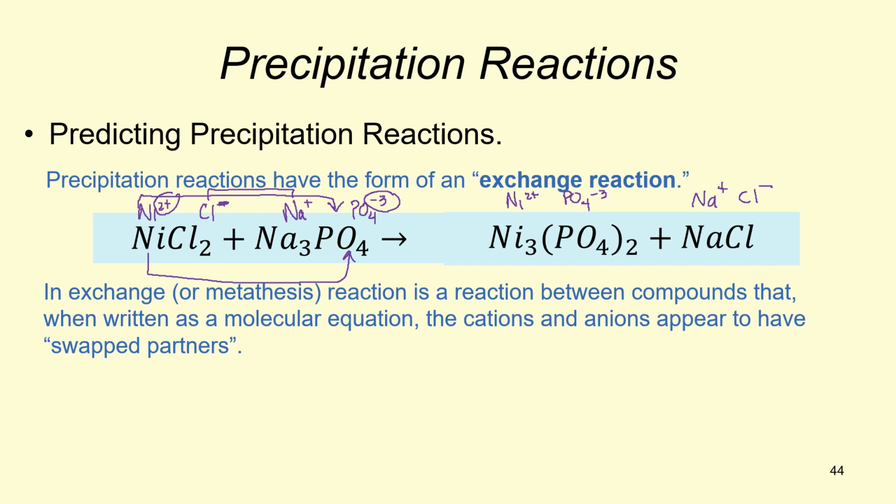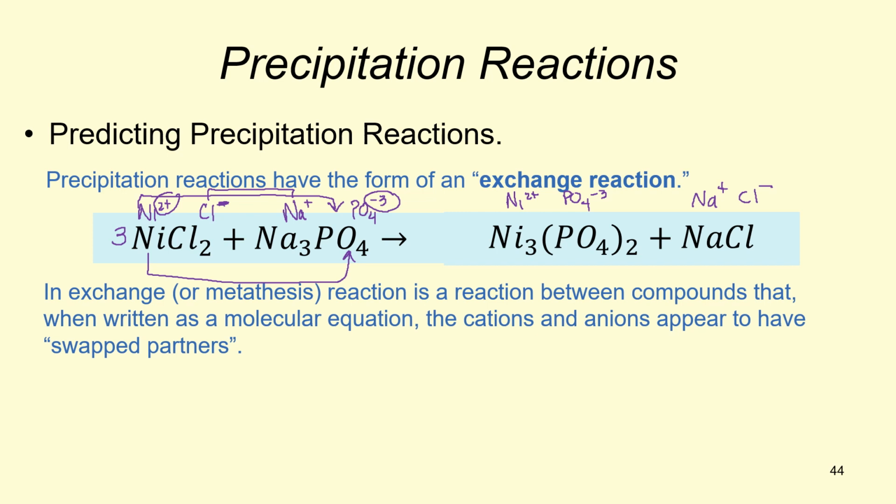Now we're not balanced, so let me do that. So that was earlier in this chapter. I have 3 nickels here, so I need to have 3. Now once I've got my formulas set, I can't change them anymore. So these ratios are because of the charges, but I still have to have the same number of each ion on either side.